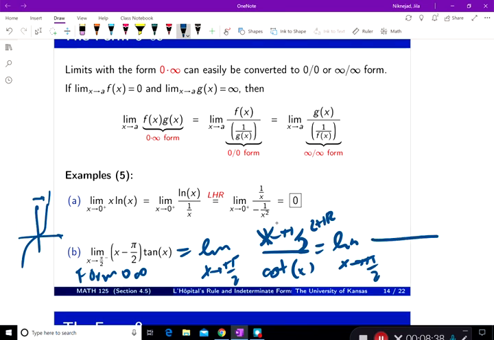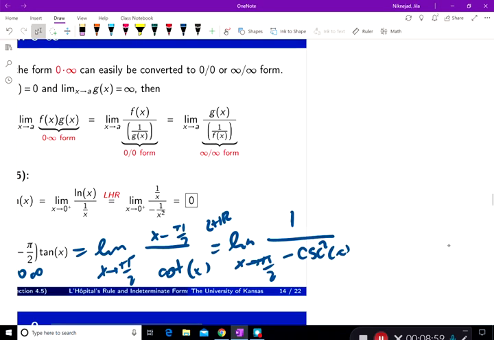Derivative of x minus pi half is just 1. Derivative of cotangent is negative cosecant squared of x.